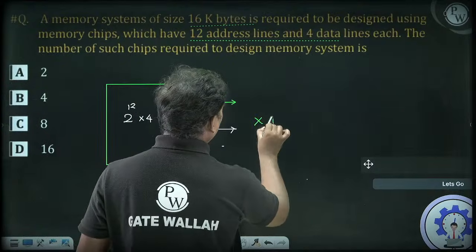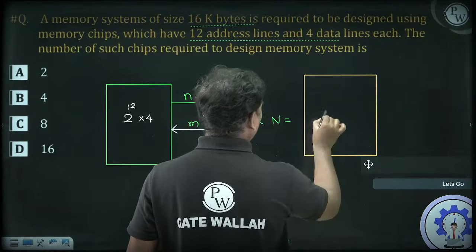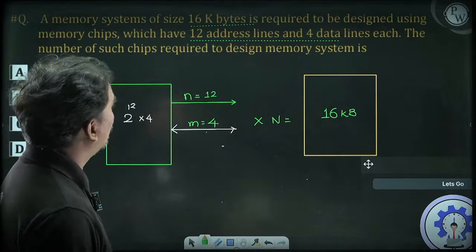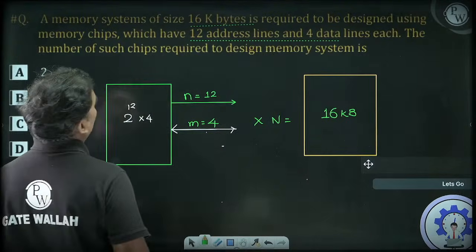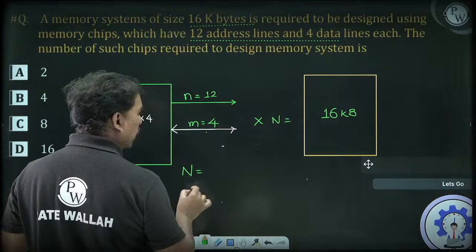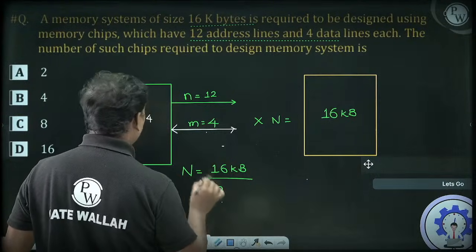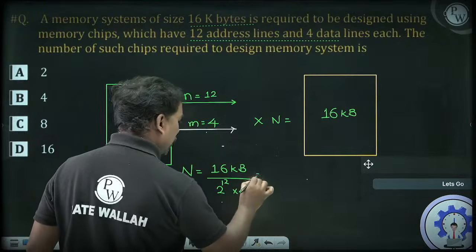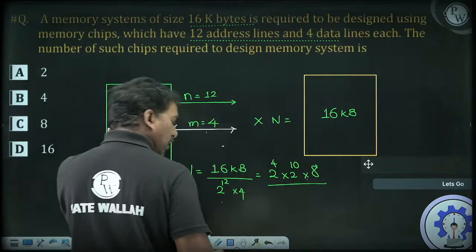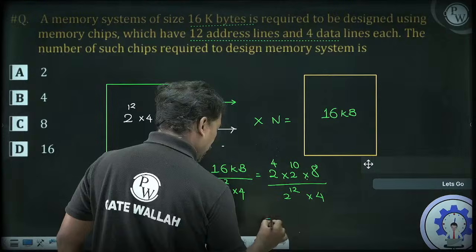The number of such chips n is equal to 16 kilobytes divided by 2 power 12 cross 4. 16 is 2 power 4, kilo is 2 power 10, byte means 8, which is 2 power 3.